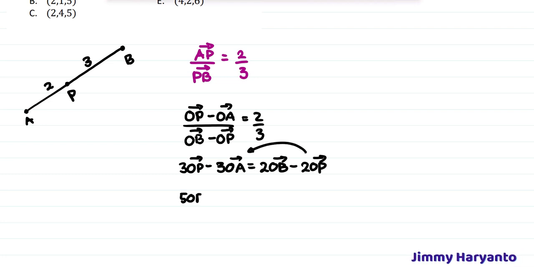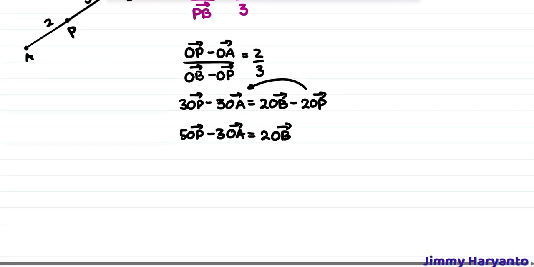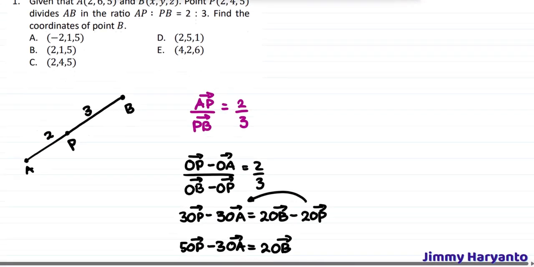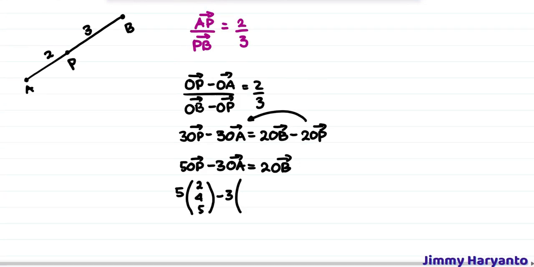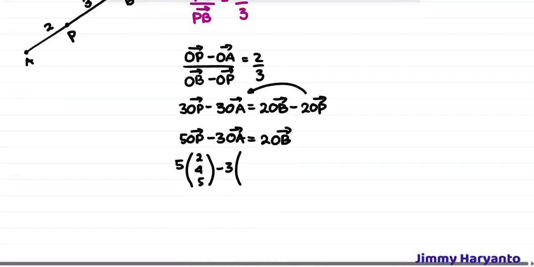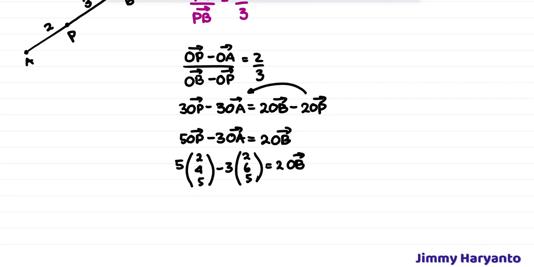You will have 5OP minus 3OA equals 2OB. And then just input the value. OP is (2, 4, 5). (2, 4, 5) minus 3 times OA. OA is (2, 6, 5). Equals 2 times OB.